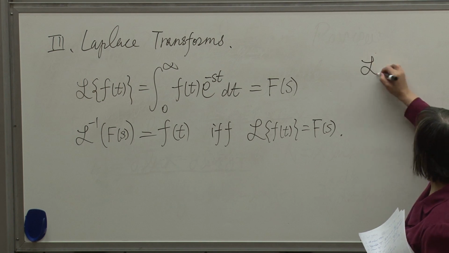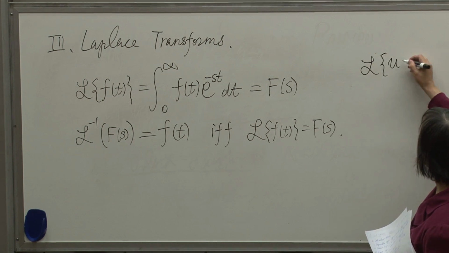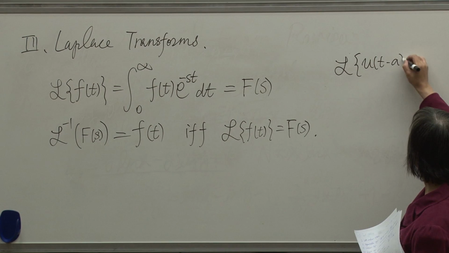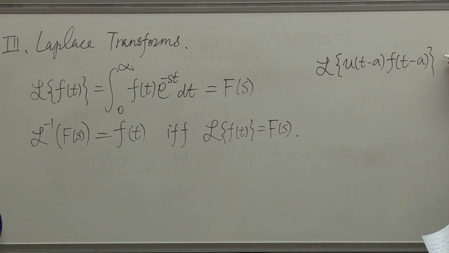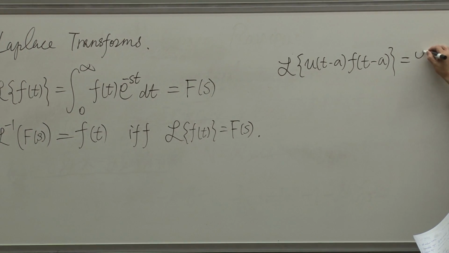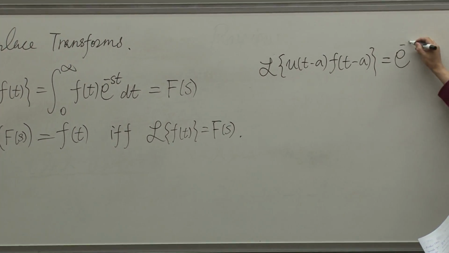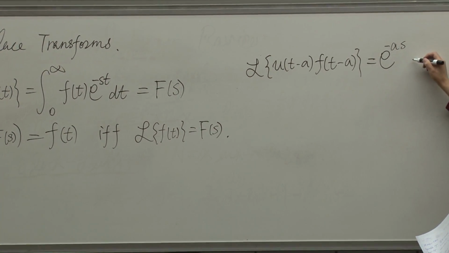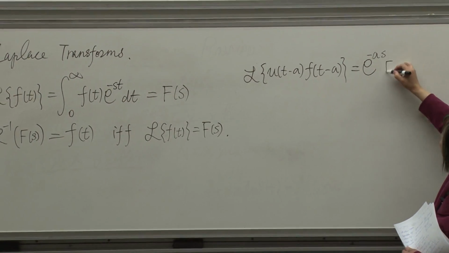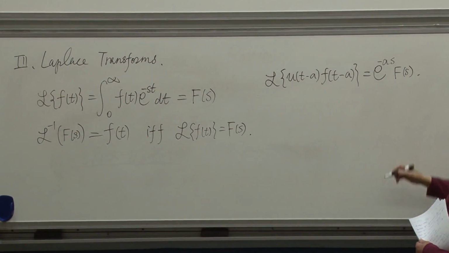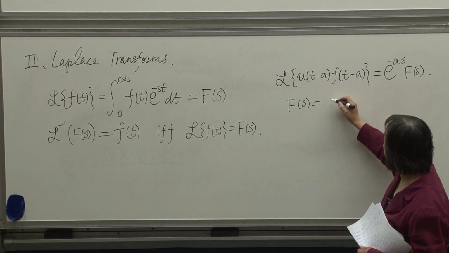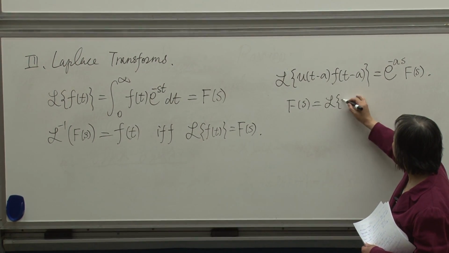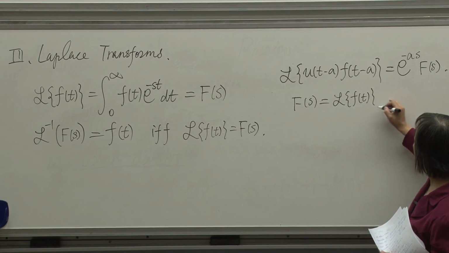This is the Laplace transform of u(t-a) times f(t-a), equal to e^(-as) times F(s).